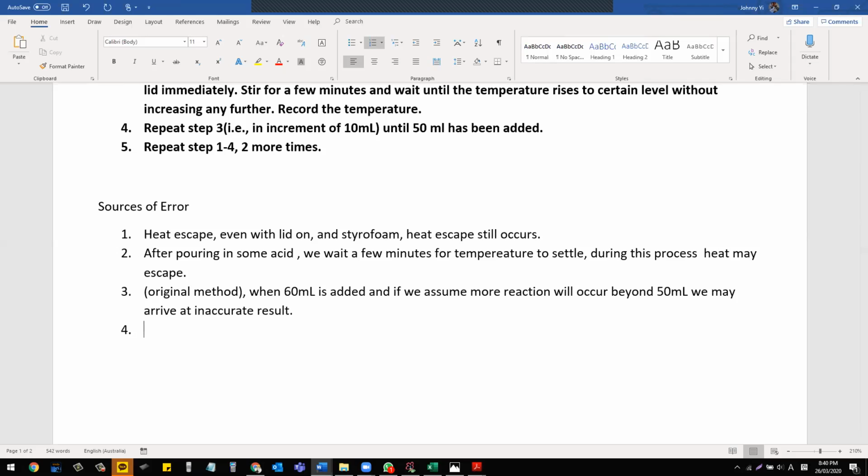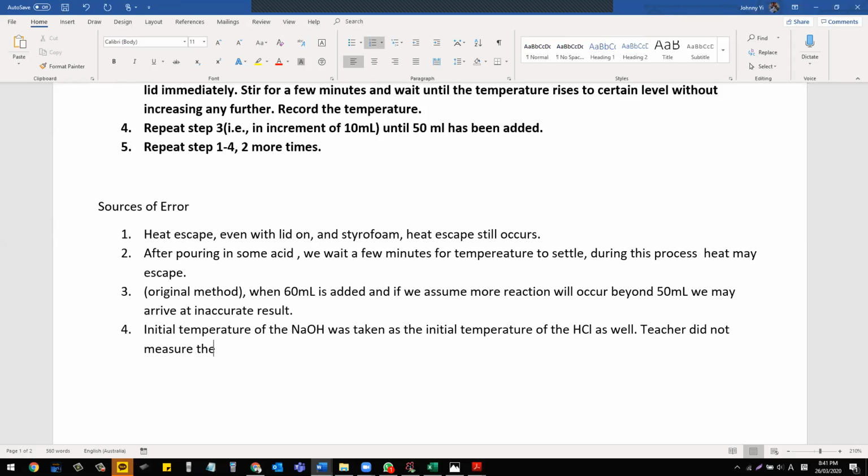Also, another source of error you can consider is that the initial temperature of the NaOH was taken as the initial temperature of the HCl as well. The teacher did not measure the initial temperature of the HCl.